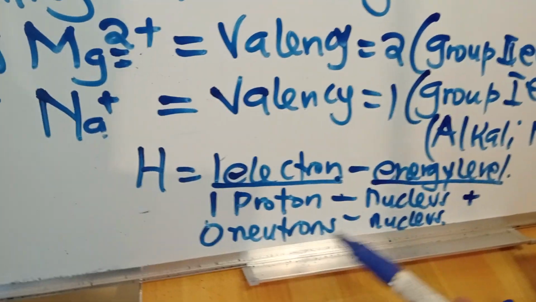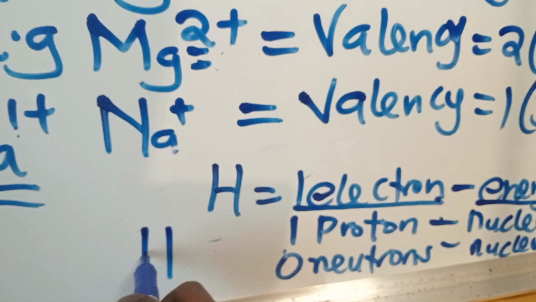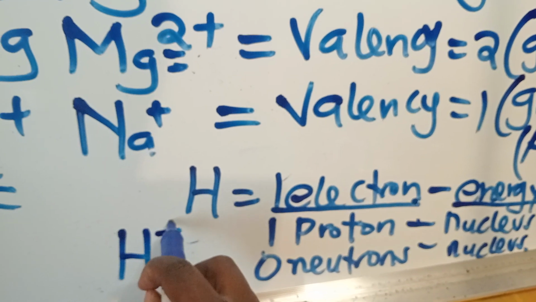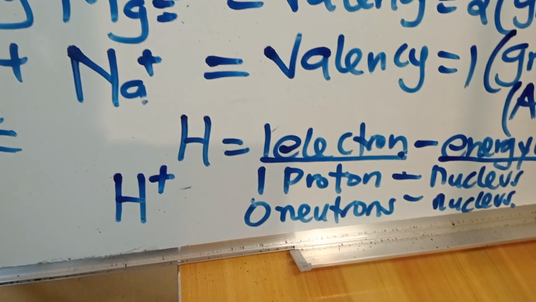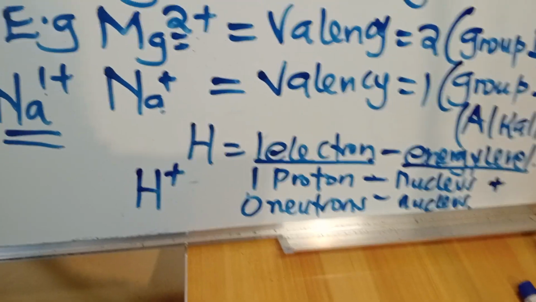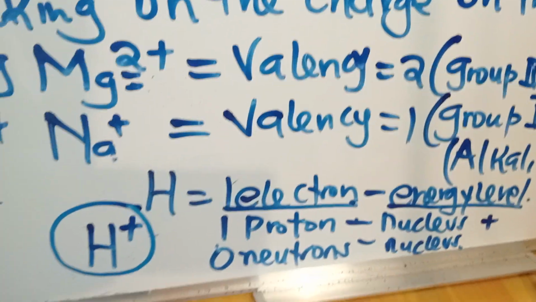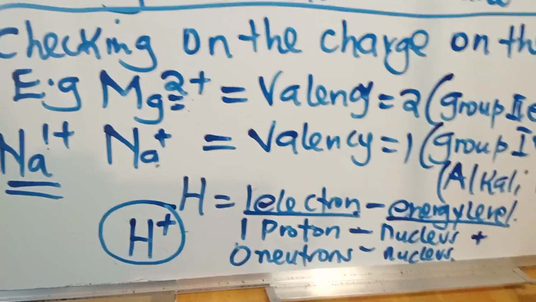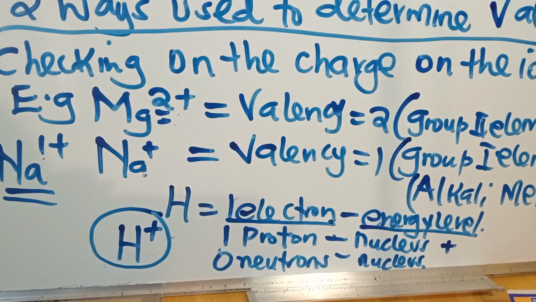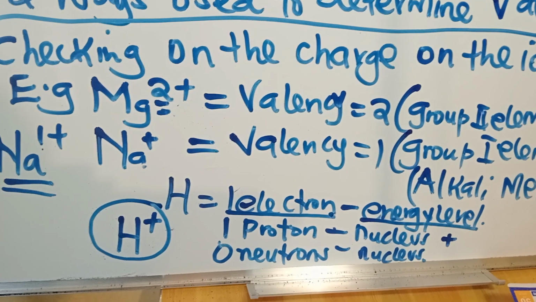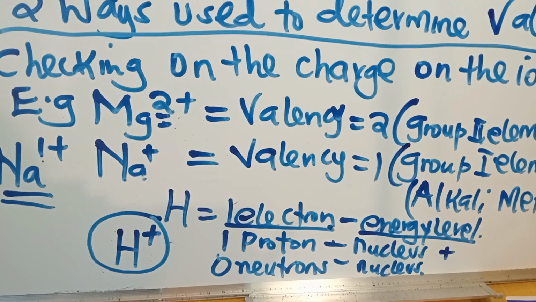And that is why in acids, hydrogen is referred to as a proton, with this symbol of capital H and a plus on top. So hydrogen can either gain or lose the only one electron that it has.